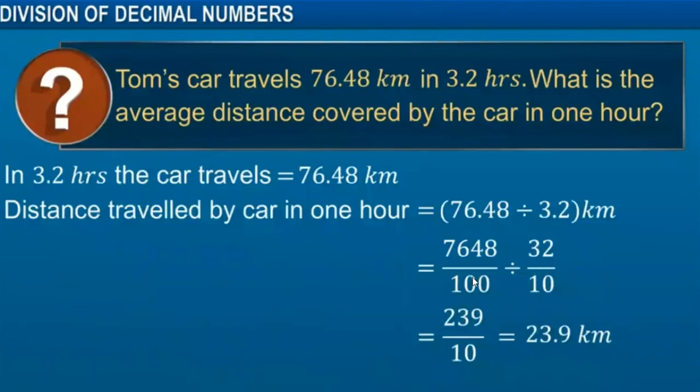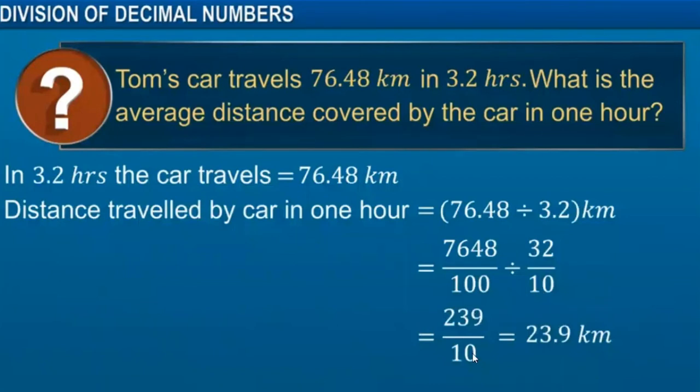Okay, so now it is a fraction, and we have to do the division of the fractions. So what do we do? Take the reciprocal of 32 by 10. So taking the reciprocal, we get 10 by 32. After that we can do the cancellation. We can divide by 2, and similarly divide by 4. After the cancellation, the final answer we are getting is 239 by 10.